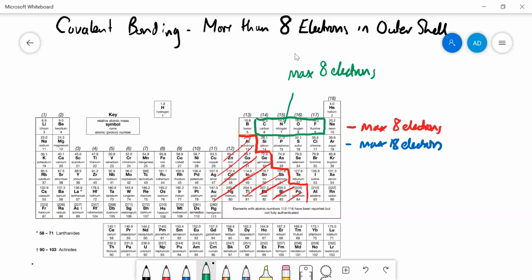But there are some important elements in period 3 which can have more. And notably, the most important of those would obviously be sulfur, phosphorus, and chlorine, which we deal a lot with. Yeah, so they can have a maximum of 18 electrons.